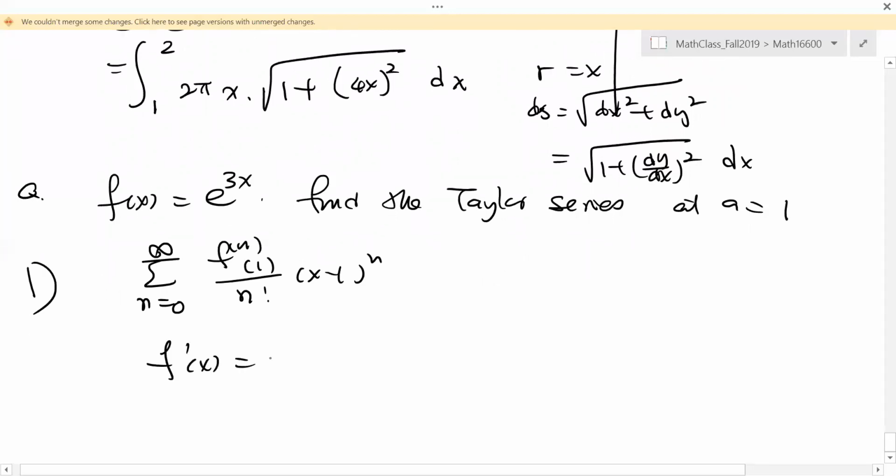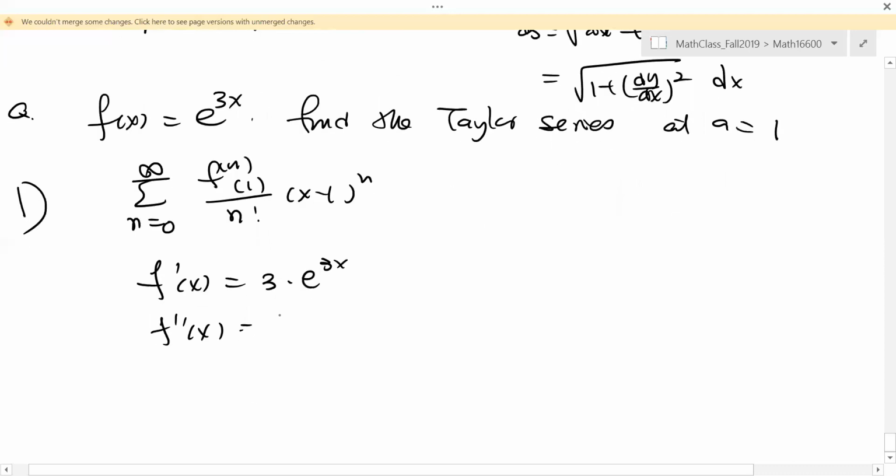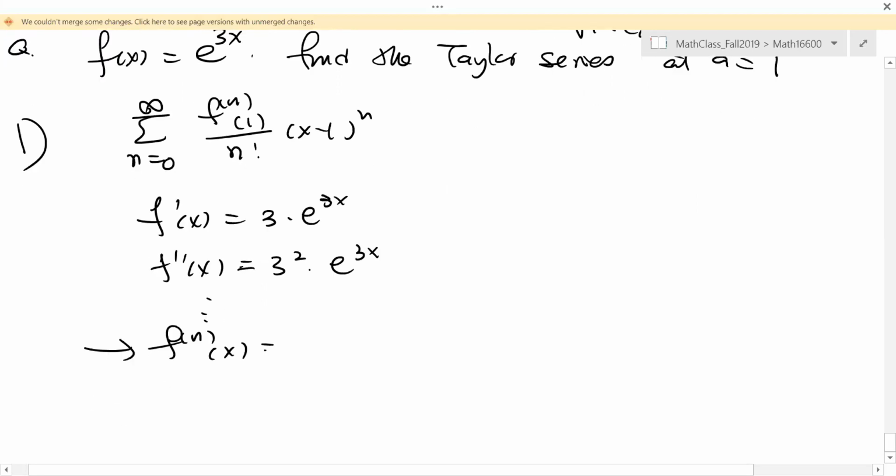So the first derivative is 3 e to the 3x, and then you have to figure out the formula. You cannot just write down 3 terms: 3 squared e to the 3x, and keep it going. So the nth order, you have to find this. That's so important. 3 to the power n, e to the 3x. You have to find this general formula.